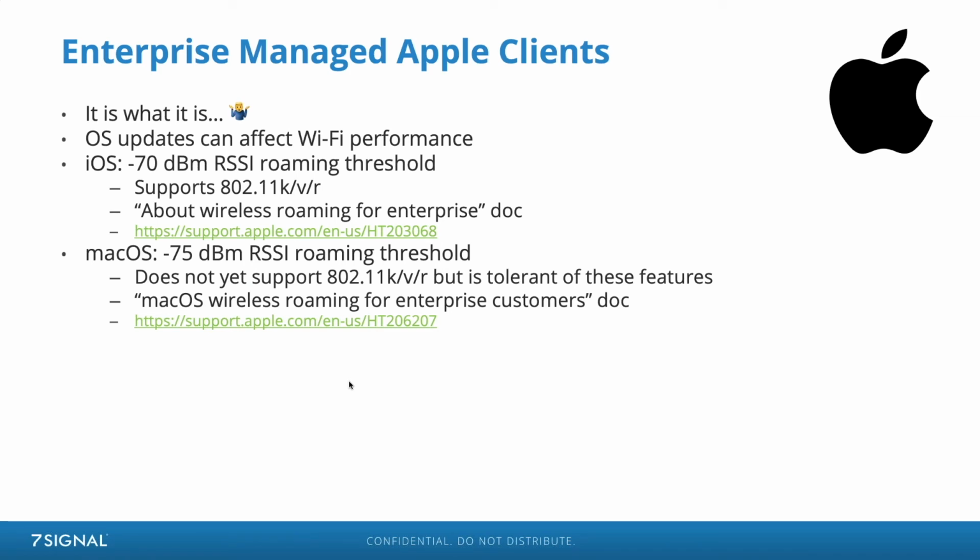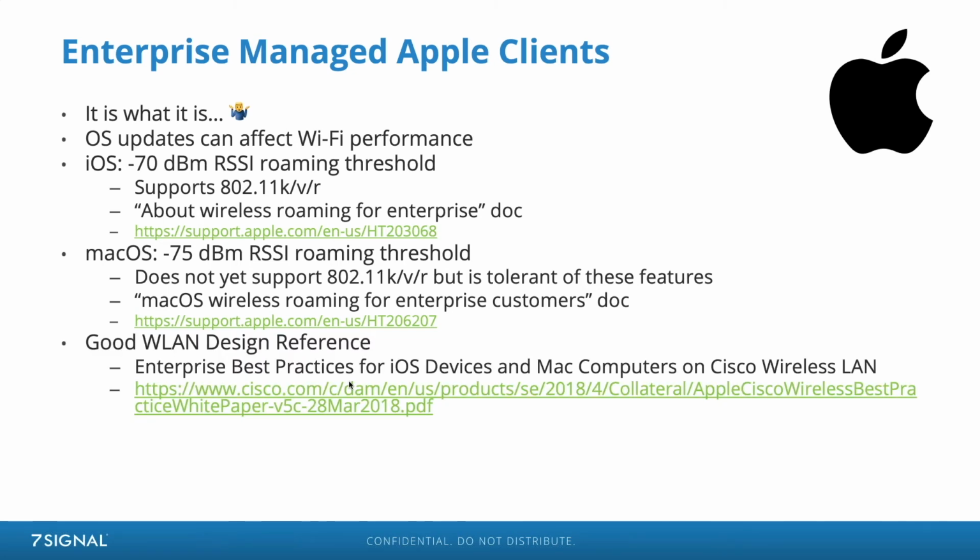But just my own personal experience is that particularly macOS really struggles to roam well, and I would be hesitant to put it into an environment where mobility is really important to you. So they publish these specs about how the roaming is supposed to work, but again, it's something you want to verify in your own environment.